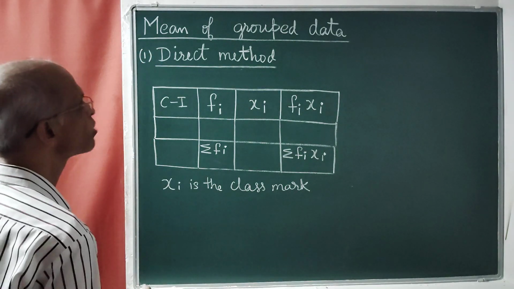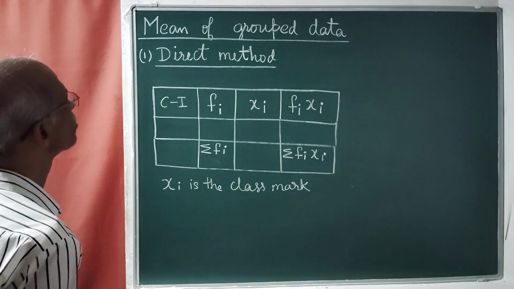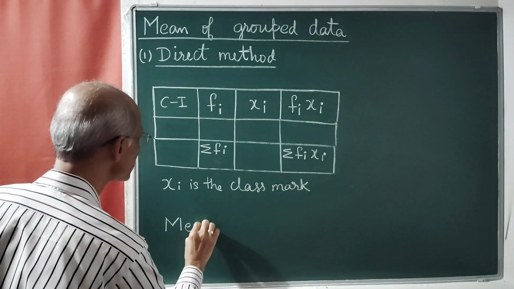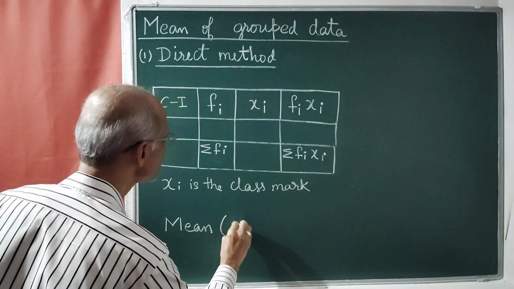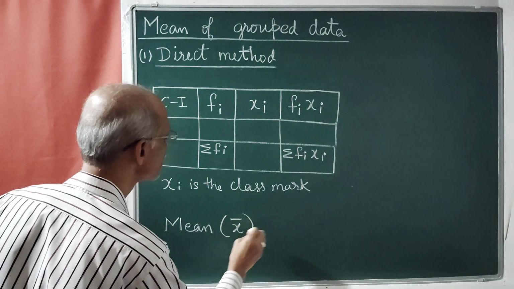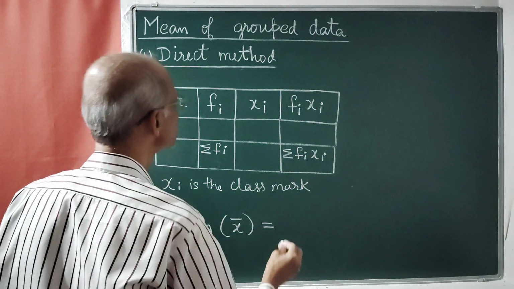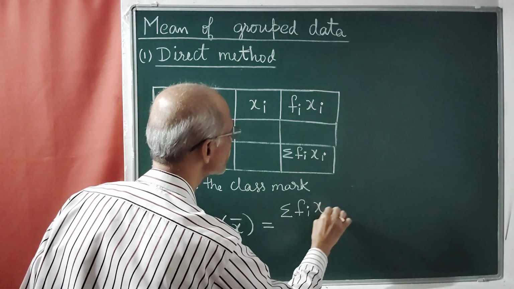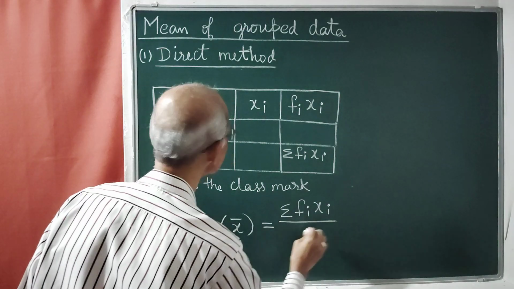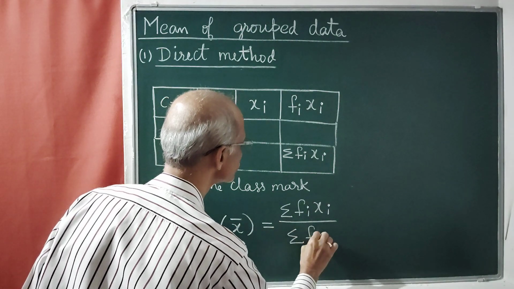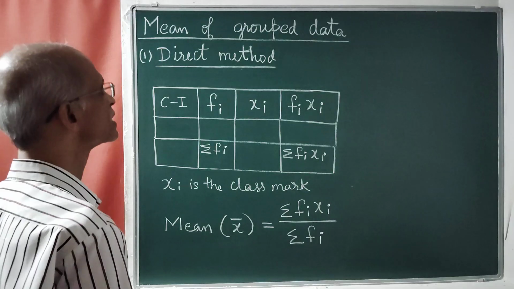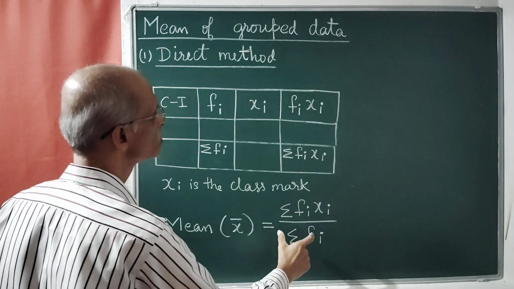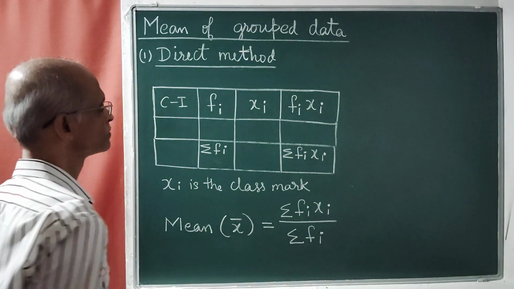Now the formula to find the mean: the symbol for the mean is x bar, which is equal to sigma fi xi by sigma fi. You have to divide the value of sigma fi xi by sigma fi, and we will get the mean.